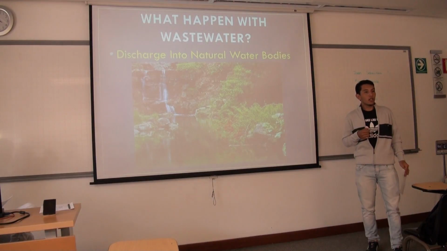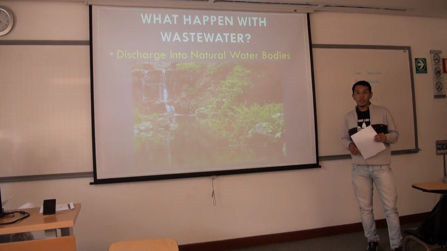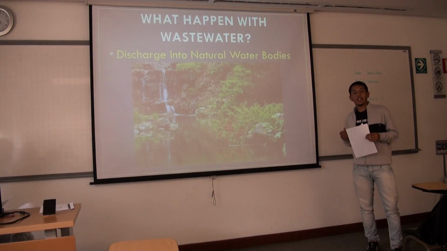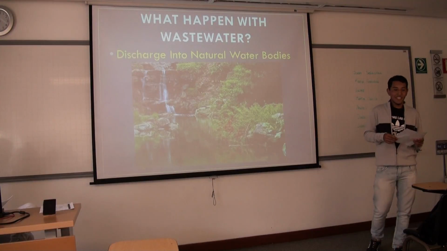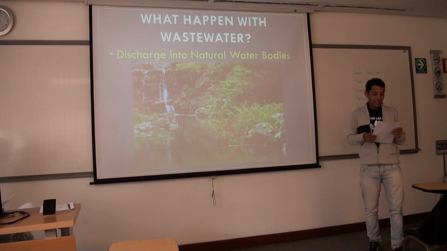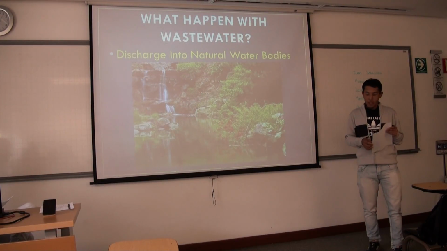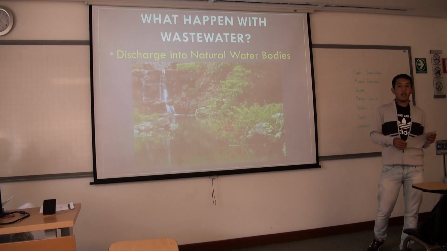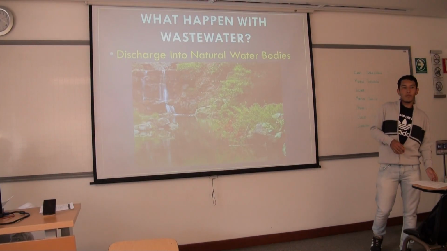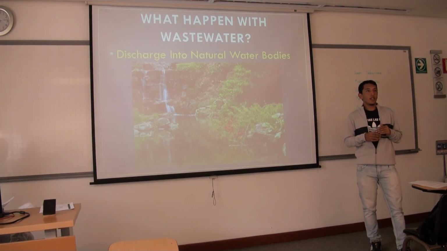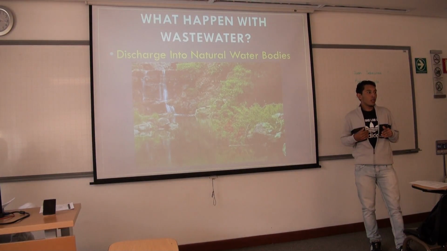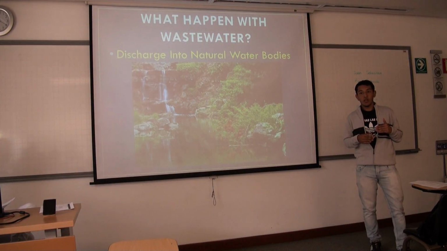So the plants and the animals that live in this site basically are going to die because the contamination is up. So that's the reason why the government is strict with the laws and the policies that ask the industry to try to reduce the consumption of water.